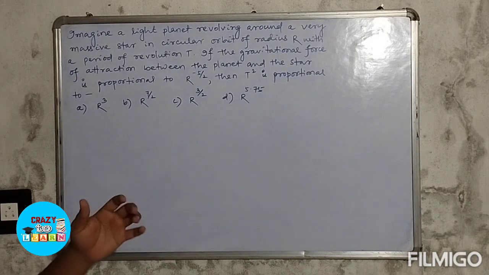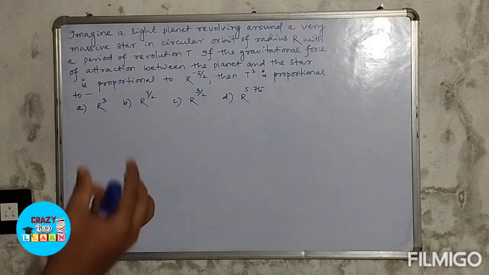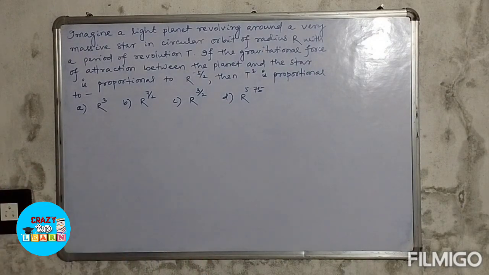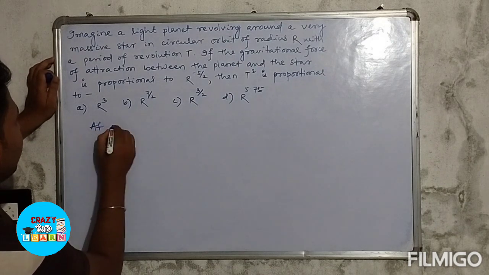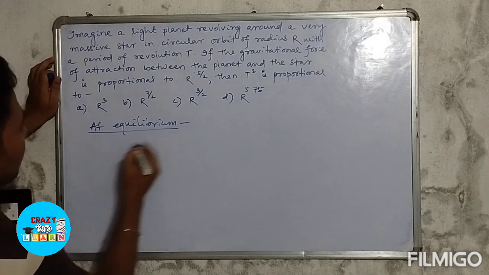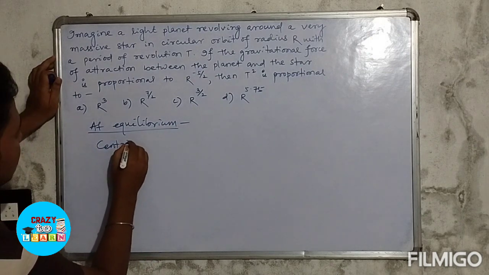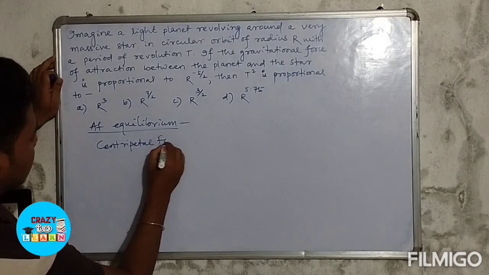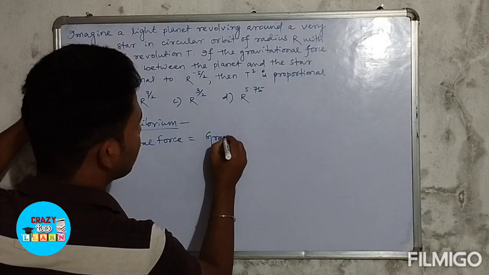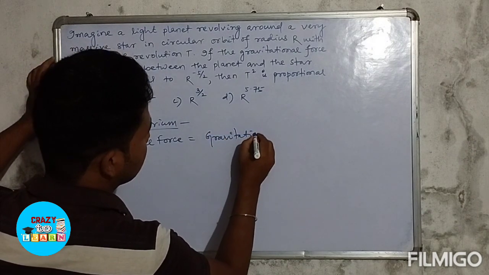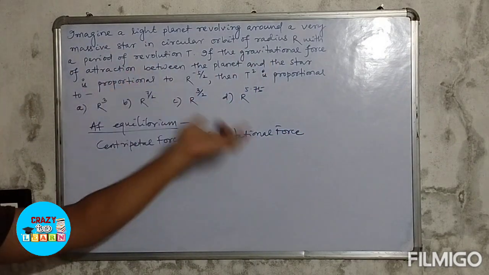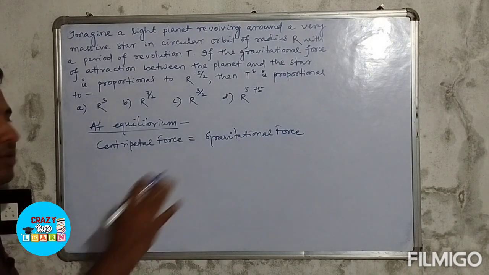And in my previous question I already discussed, when a planet is revolving around a massive star at equilibrium condition, the centripetal force is equal to the gravitational force, or gravitational force of attraction.